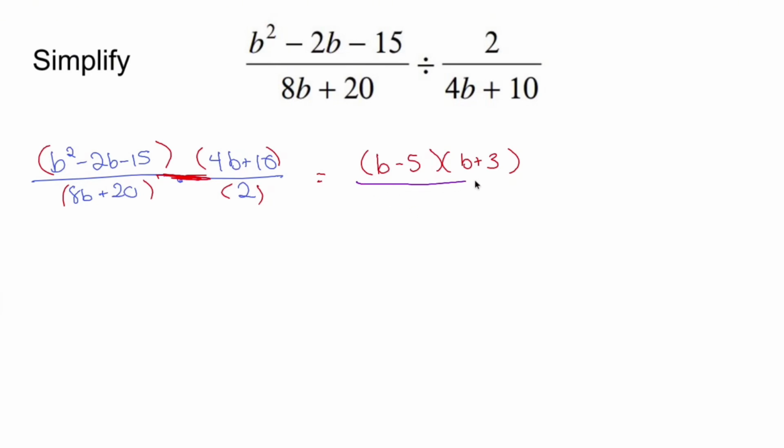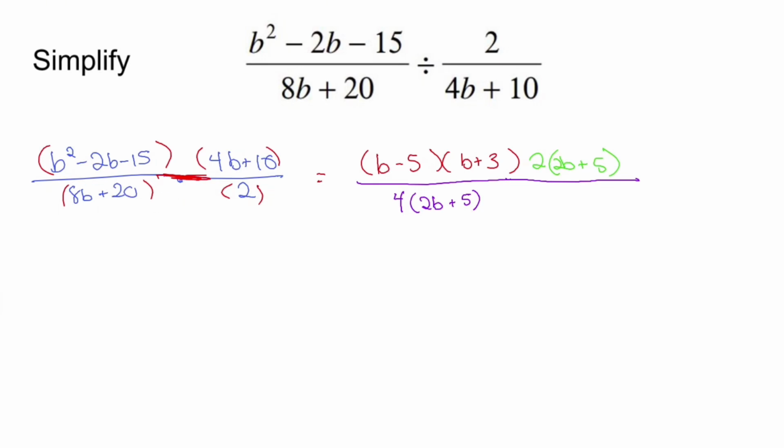So if I factor out a 4, that leaves me with 2b plus 5, inside the parentheses. Similarly over here, I notice, for 4b and 10, I can factor out a 2. That leaves me with 2, and then 2b plus 5. And on the bottom, I just have a regular 2.